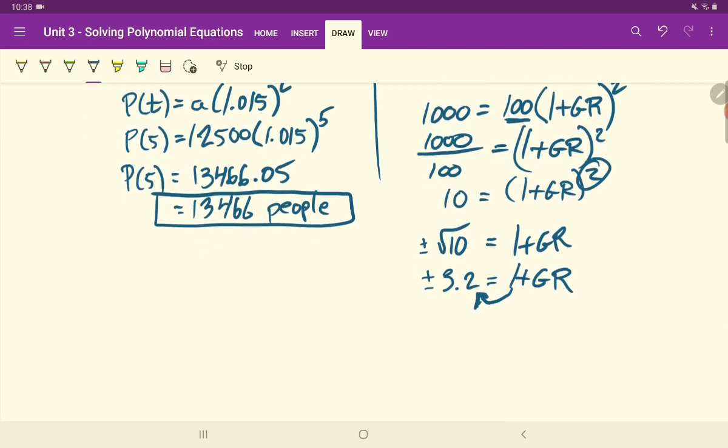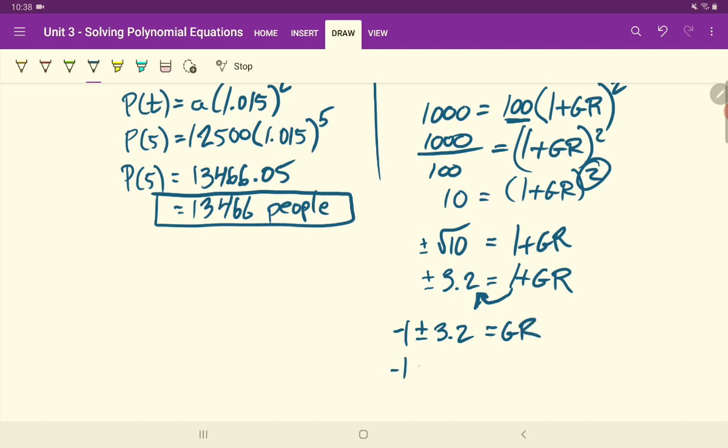And look what happens when we subtract 1. So we go -1 plus or minus 3.2, because remember, it could be -1 plus 3.2 if 3.2 is positive, or -1 minus 3.2, right? If our answer was negative. So we're actually going to get 2 answers here. One of them won't make sense. The other one will.